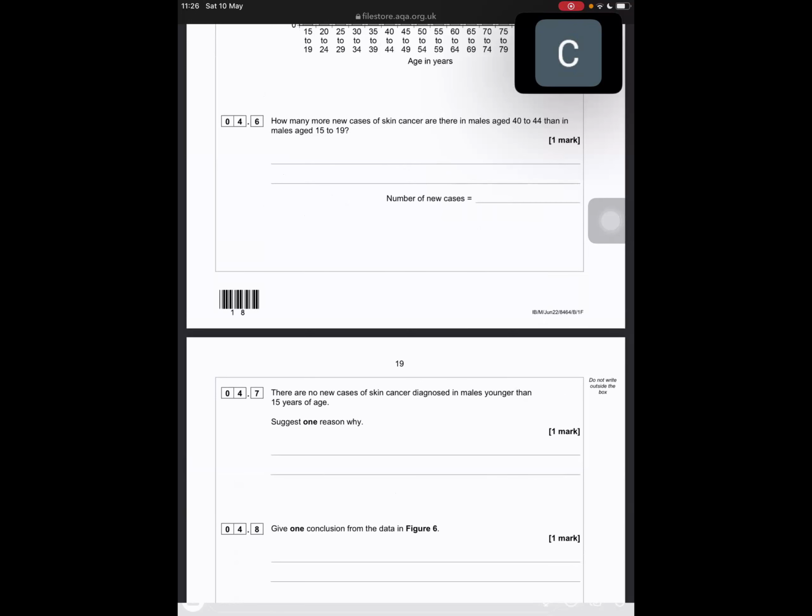It says there are no new cases of skin cancer diagnosed in males younger than 15 years of age. So just one reason why. Younger than 15 years of age, so they are basically younger teenagers, right? What are the primary things that cause skin cancer?